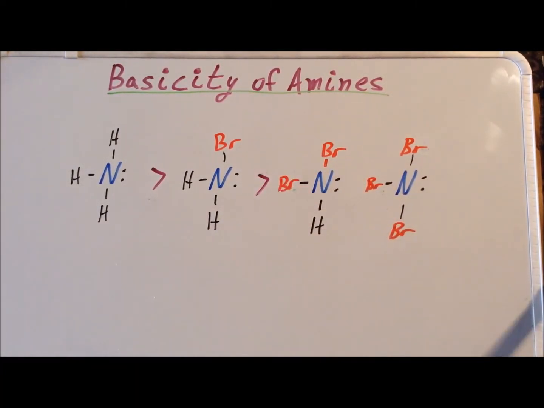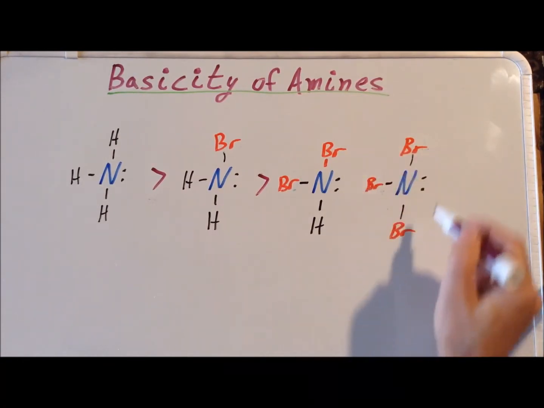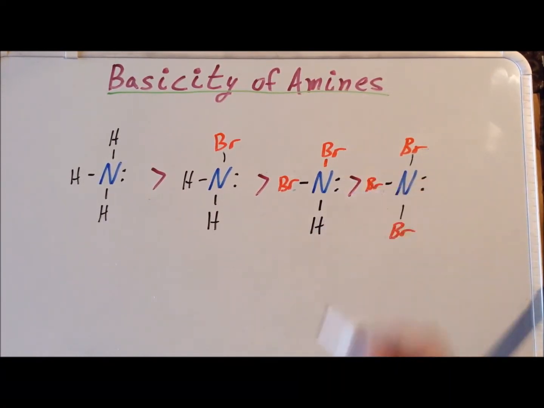So that's going to be a weaker base. And then three bromines would give us the weakest base of all in that series. And we'll see in a following table that when we compute the basicity of the amines in the gas phase, the orders that we predicted are confirmed by calculations.